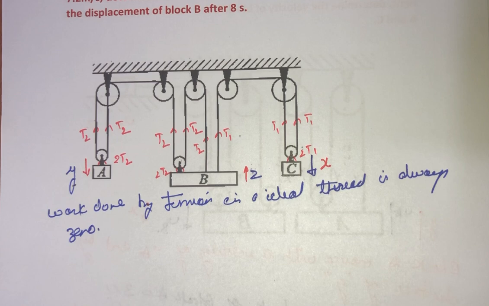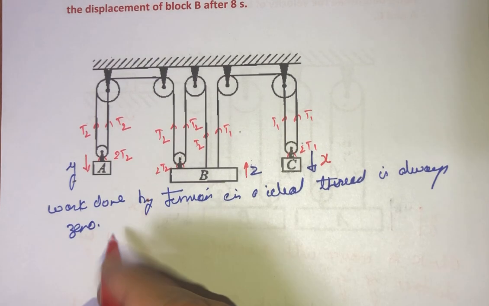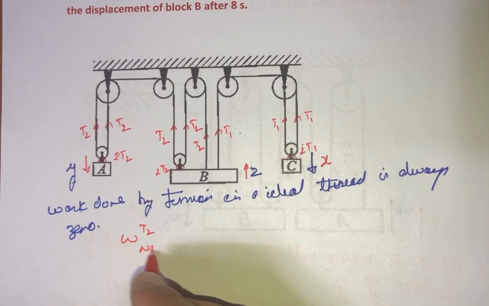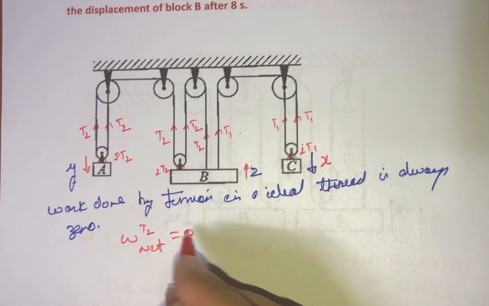So mathematically that can be written as work done for tension T2, or net work done for tension T2, will be equal to 0.